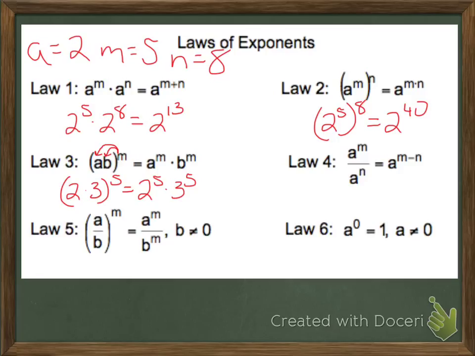So let's look at 2 to the 5th power divided by 2 to the 8th power. That would be the same thing as 2 to the 5 minus 8, which actually ends up giving us a negative 3. I did that on purpose because there's another law of exponents, you could call it law number 7, that anytime you have a negative exponent, it means do the reciprocal.